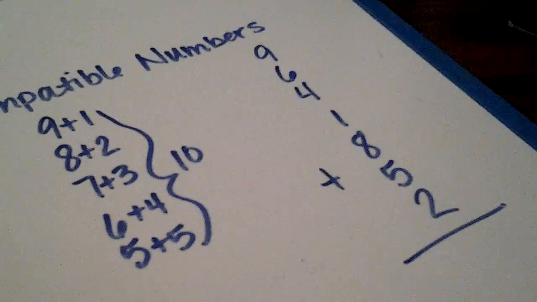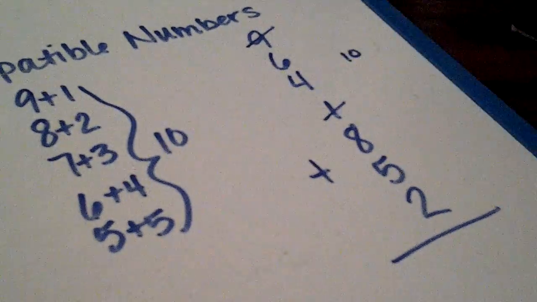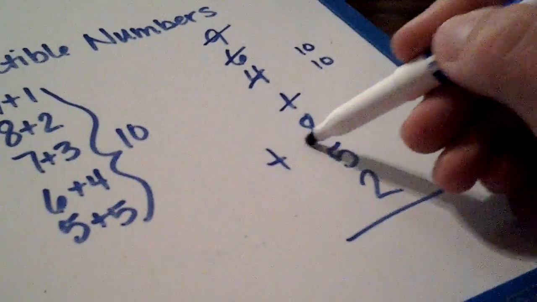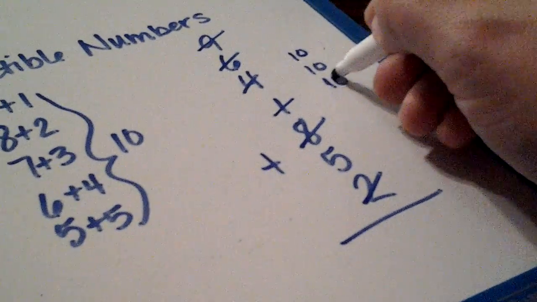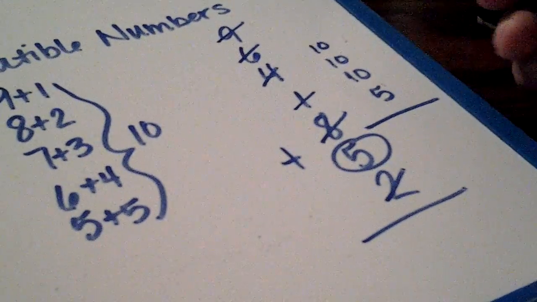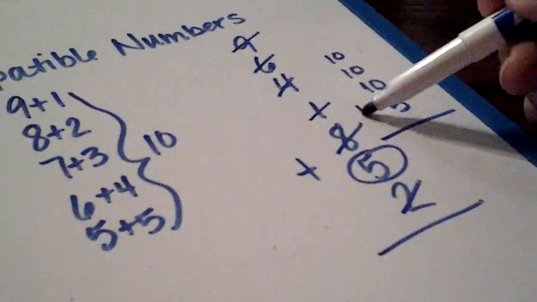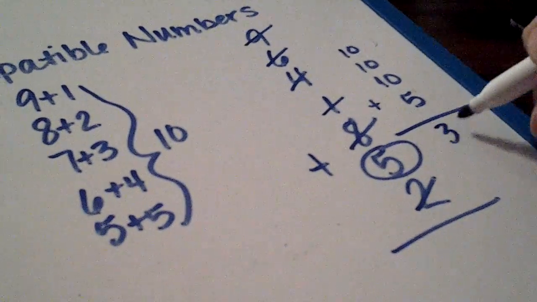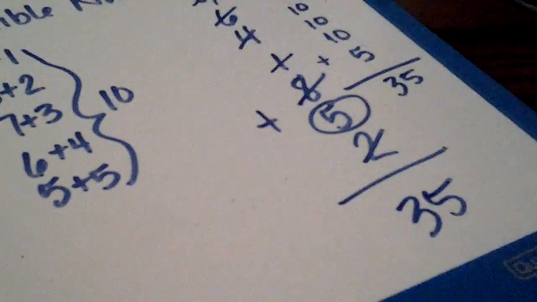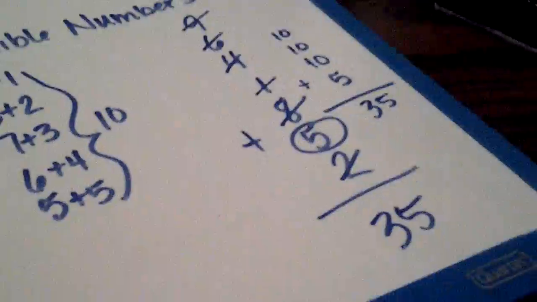But in fact, I know I can do 9 and 1 equal a 10, 6 and 4 equal a 10, 8 and 2 equal a 10, and then all I'm left with is a 5. So it's much easier to figure out. So I know 10 plus 10 plus 10 is 10, 20, 30, plus 5 is 35. So this long problem of 9 plus 6 plus 4 plus 1 plus 8 plus 5 plus 2 equals 35.